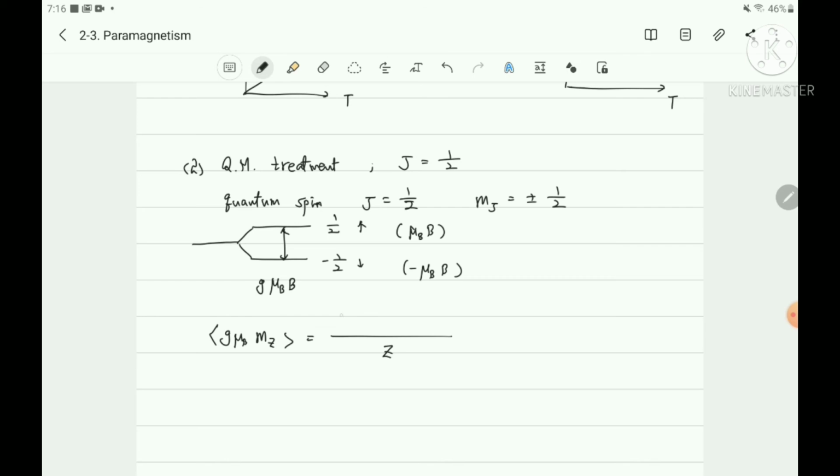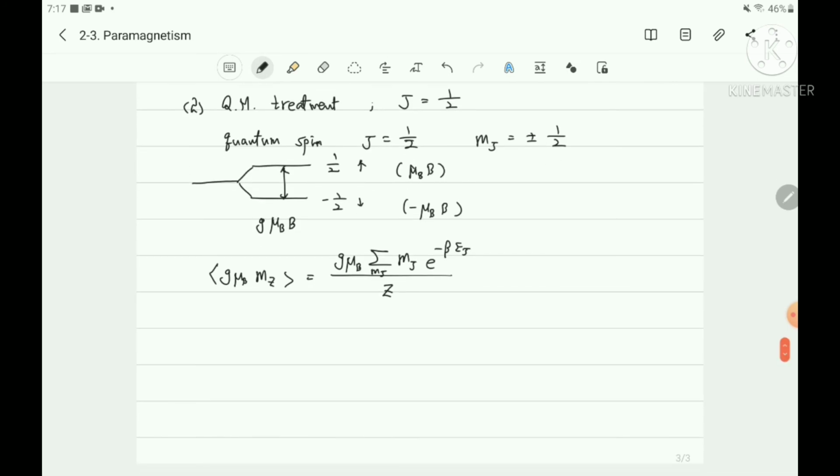Here g mu B is a constant, and mJ is a discrete value, and mJ exponential minus beta energy EJ, divided by Z, the partition function, the summation over each J of exponential minus beta EJ.